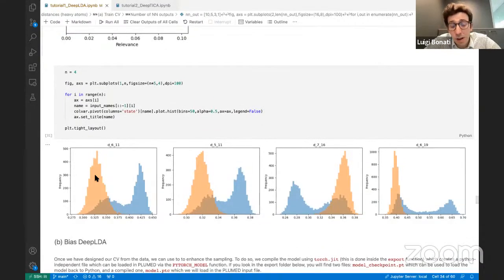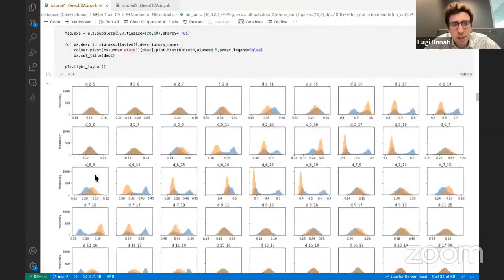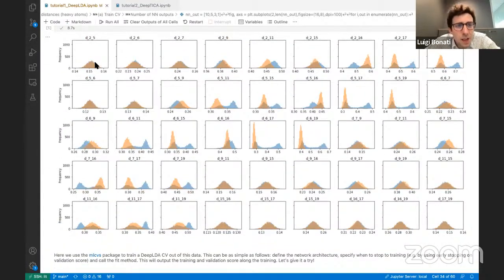If you remember, there were also a lot of other features, which we can go back to. There are a lot of features in which we have a partial overlap, and then there are a lot of other features in which the overlap between these two states is really 100%.